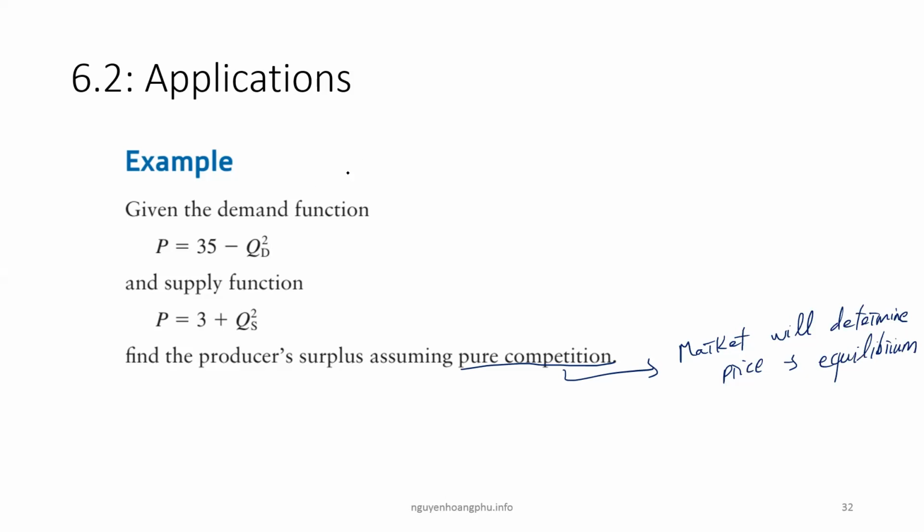What does equilibrium mean? When in equilibrium, demand will meet supply. The market is always at equilibrium. So you can find P0 and Q0 from the equilibrium point.